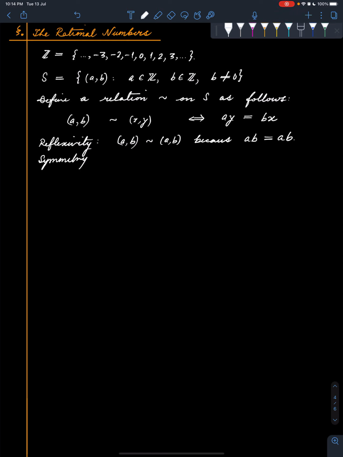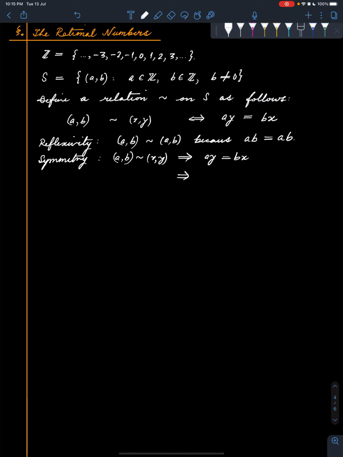Symmetry is also clear because once you have this equation, you just write it in the reverse order and you get that. So (a, b) tilde (x, y) gives us, by definition, ay equals bx, or maybe I should write xb, that would be better.